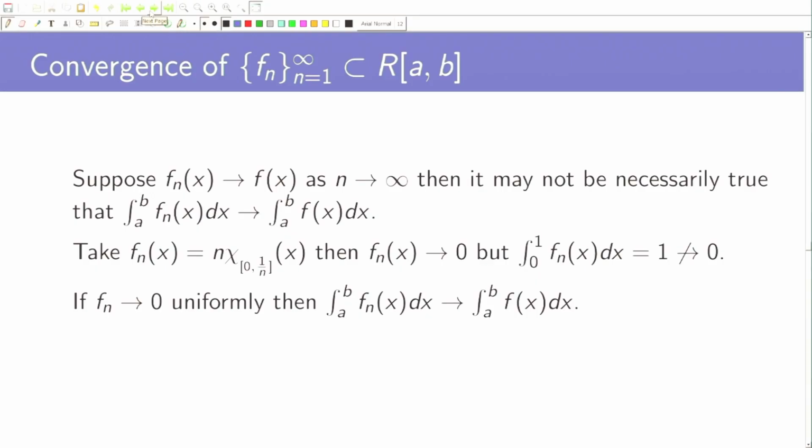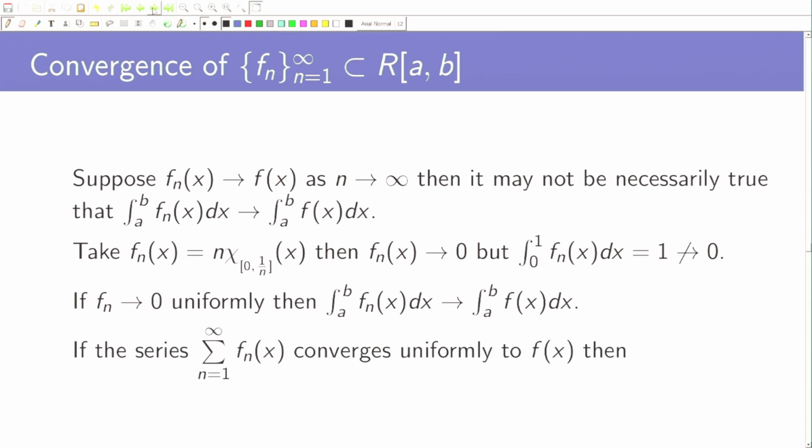However, if f n converges to f uniformly, then we have got the result that the integral a to b of f n x dx converges to the integral a to b of f of x dx. So, just the pointwise convergence does not give us the required result.